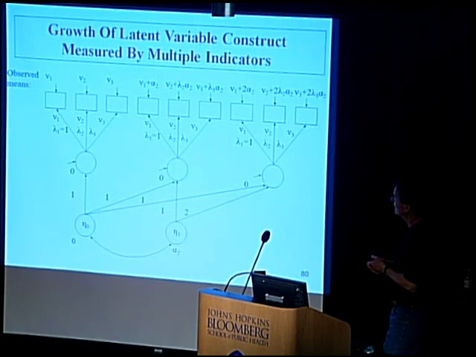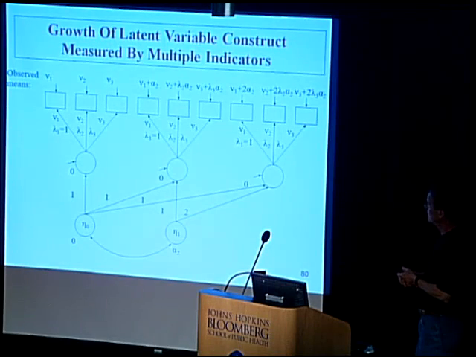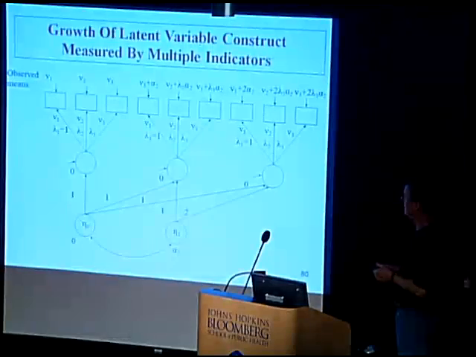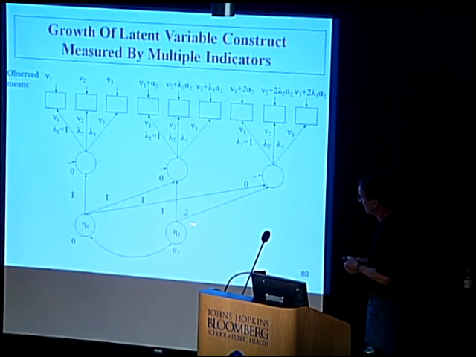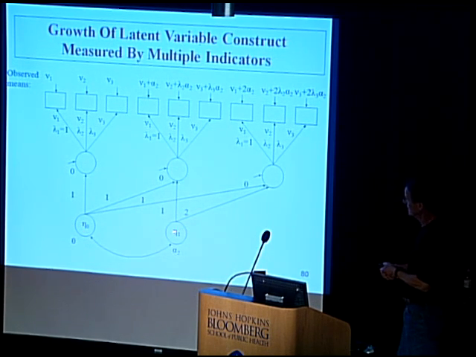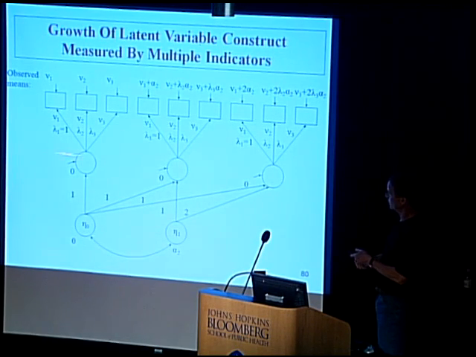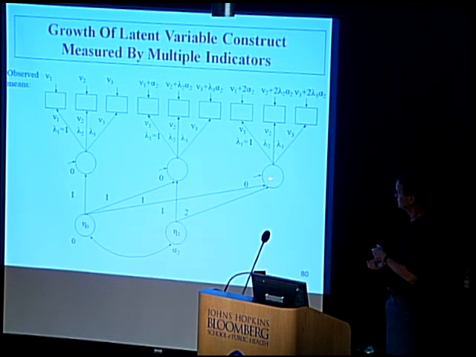So the idea is that we have the same set of 3 items measured at 3 different time points, and we have continuous outcomes here, and therefore we're going to talk in terms of intercepts and slopes in a regular linear factor analysis model. At the very bottom, we have the growth model aspect. You have an intercept and a slope growth factor. And in this case, the growth is with respect to the latent variable constructs, F1, F2, F3.